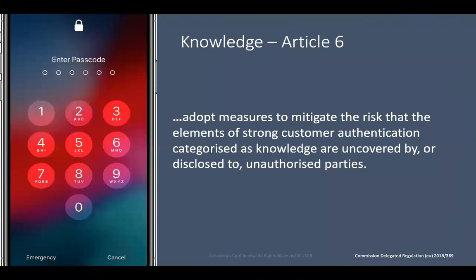As we saw in the BankBot example, BankBot was able to capture that over the air. You would have to mitigate the risk of that happening. So you need to make sure that no man-in-the-middle attack or anything is happening between you and your user. It goes on to say that the use by the payer of those elements shall be subject to mitigation measures. So you have to be able to, one, detect that it is happening, and two, if you detect it, you have to be able to mitigate it.